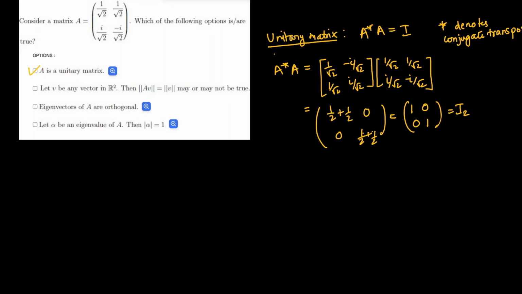The second option says, let V be any vector, then the norm of AV equal to the norm of V may or may not be true.